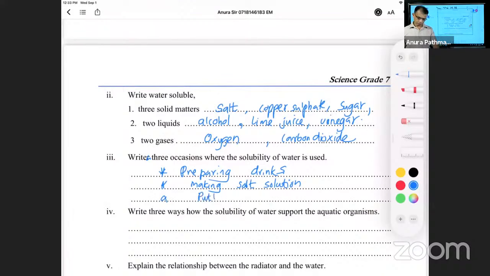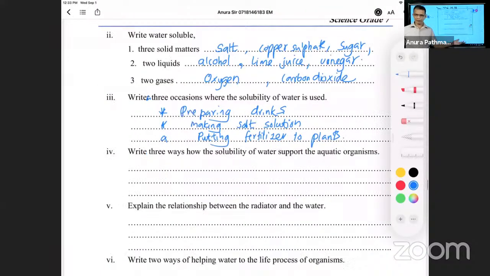Diluting acids. Put in fertilizer to plants. For vaccination. That's open-ended.